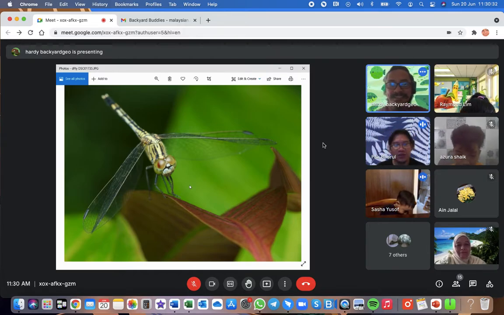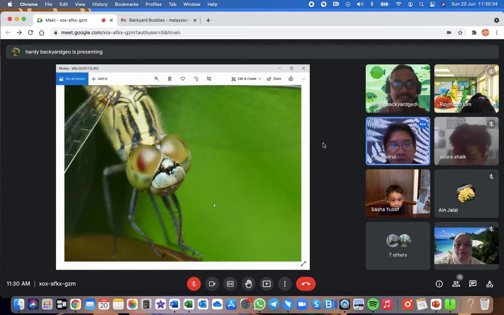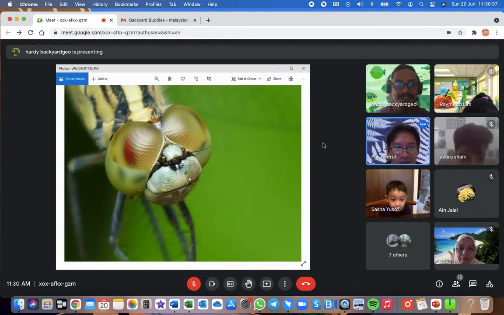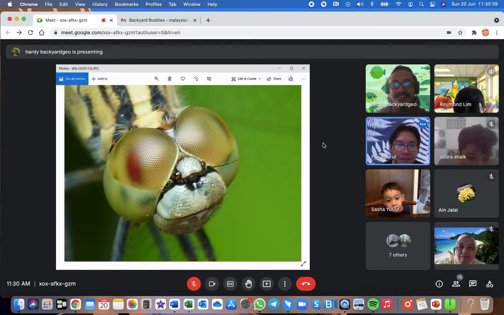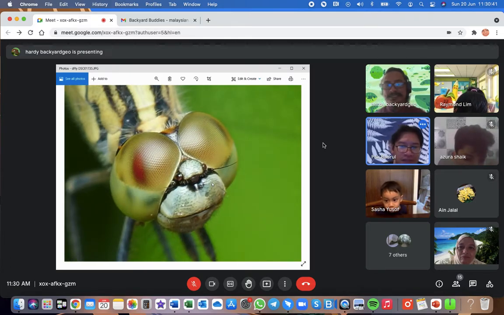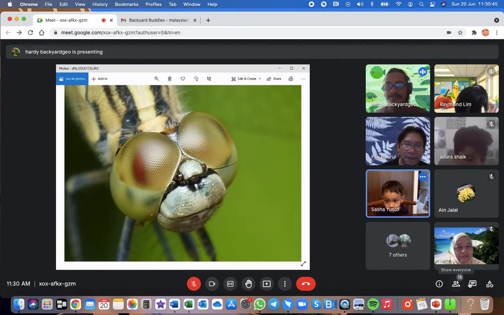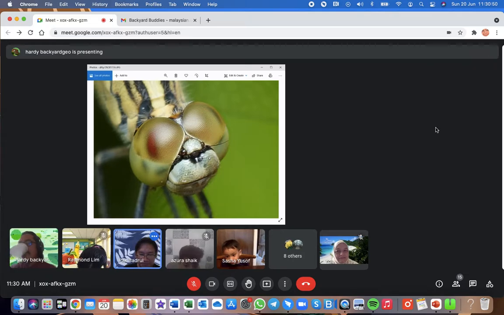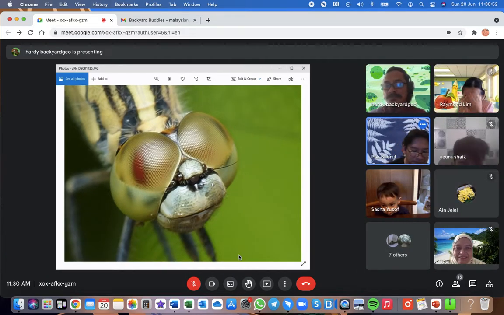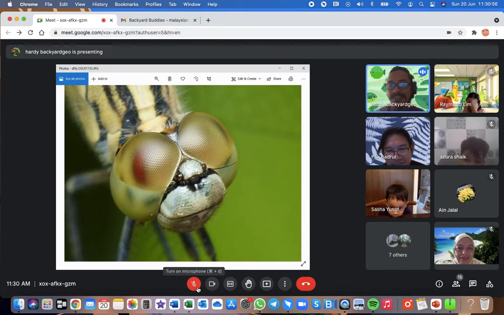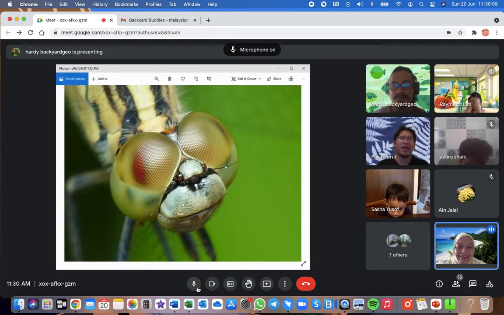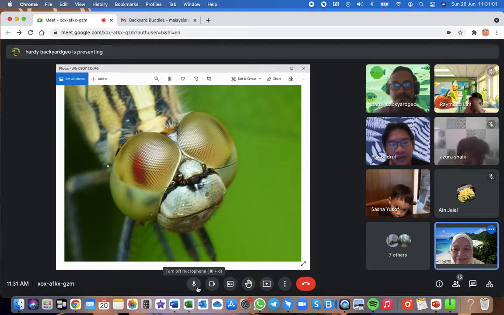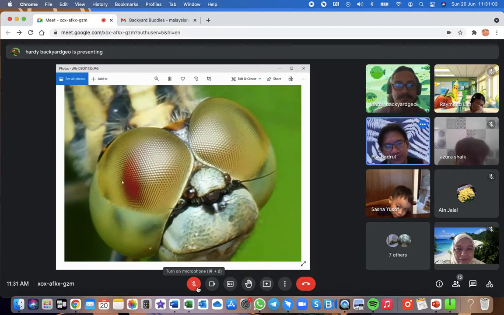Okay, can you look at the eyes? What type of eyes is this? Anybody know? Too technical. Insects use their eyes to see, right?